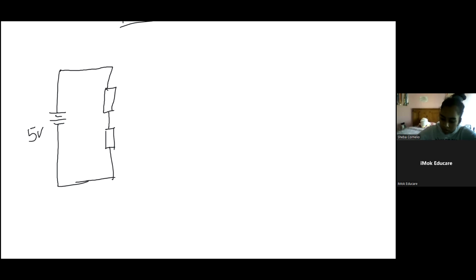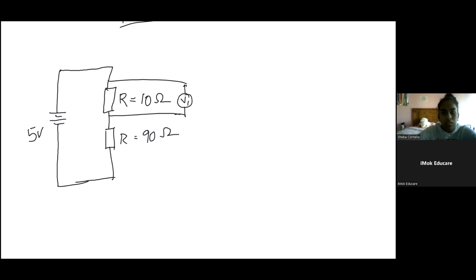This one has a resistance of 10 ohms. This one has a resistance of 90 ohms. You are supposed to tell me what is the voltage across this resistance as V1, and what is the voltage if I'm reading in a voltmeter at V2. That's my question to you.